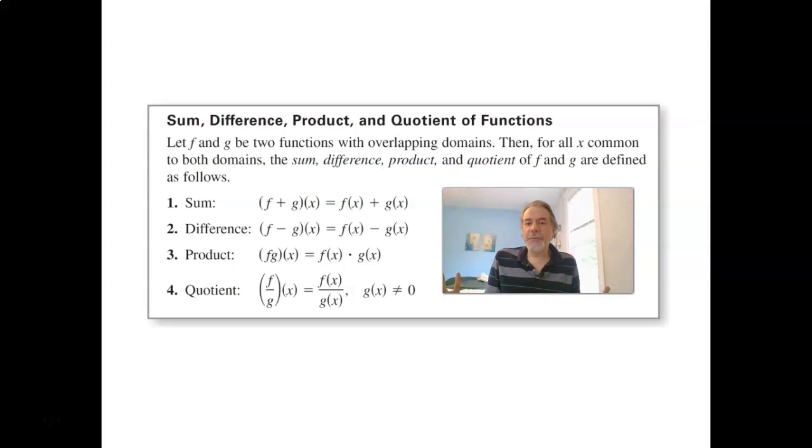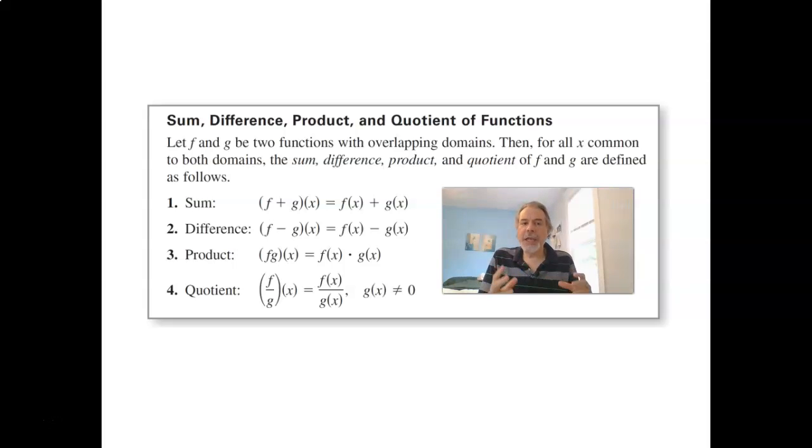So the sum of two functions, f plus g of x, is what you would get if you just took any number for x and evaluated f of x and g of x separately, and then added the results together. And of course, to be able to do that, you have to be able to evaluate f of x and g of x individually.